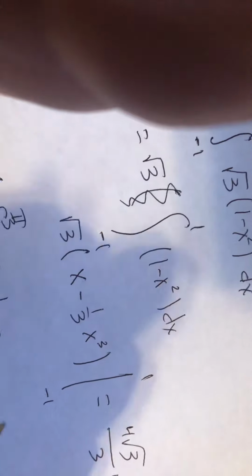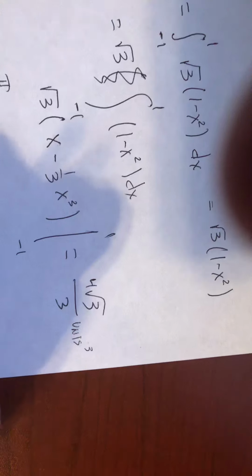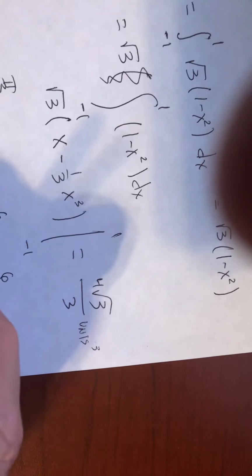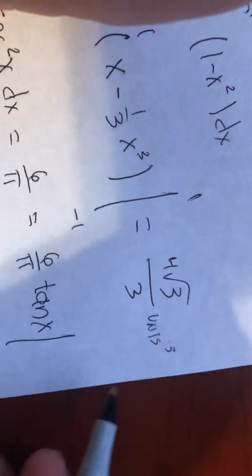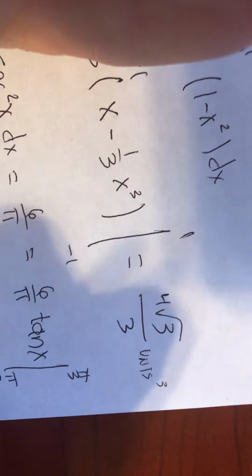The antiderivative of secant squared, I need my dx in there, is tan, right? So 6 over pi times the tangent of x evaluated at pi over 3 and pi over 6. Okay?